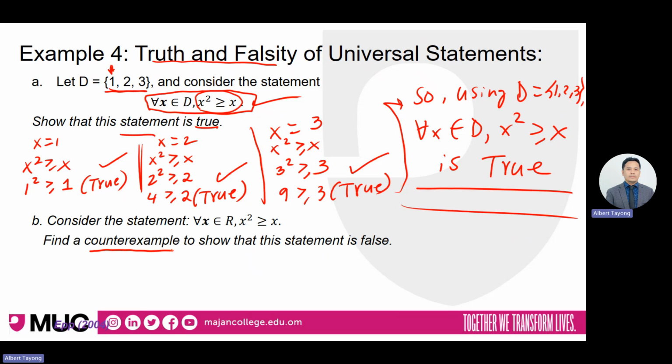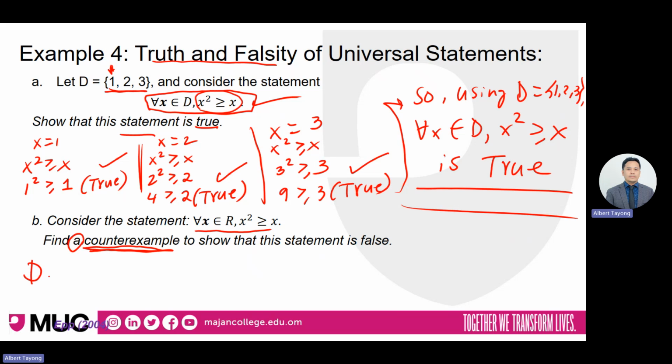Now, a counterexample is any value that will make the statement wrong. And this is actually used in universal statements. That means we're going to find one example to show that this statement is wrong. All right, so let's try to find some values.